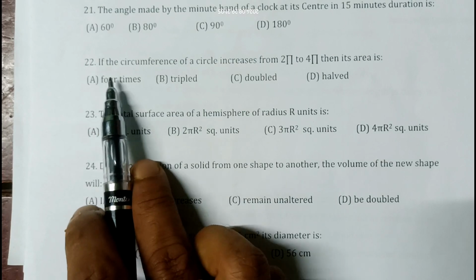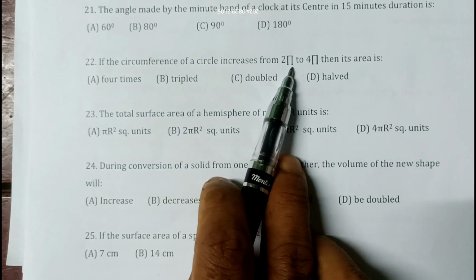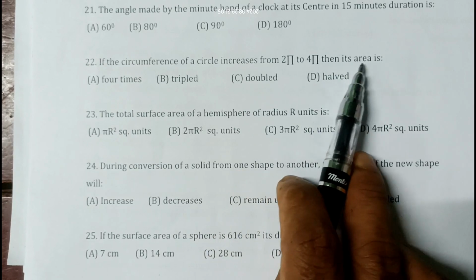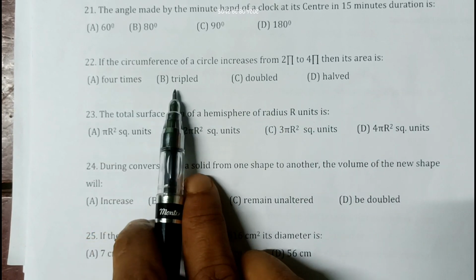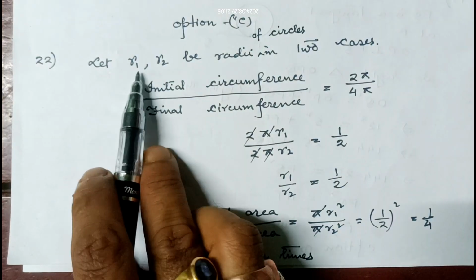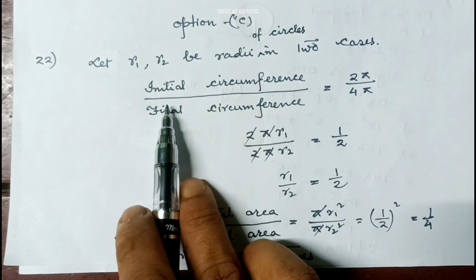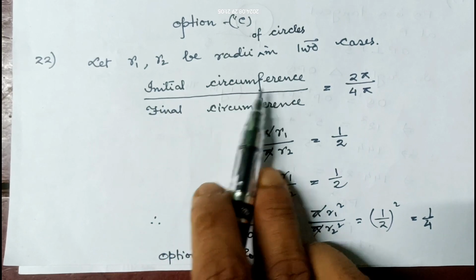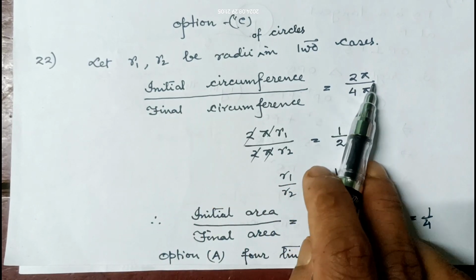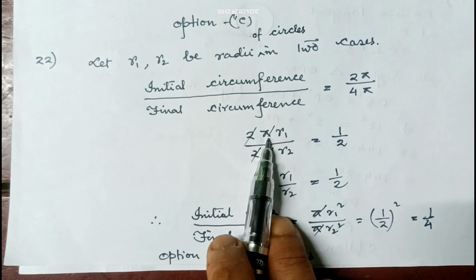Question number 22. If the circumference of a circle increases from 2 pi to 4 pi, then its area is 4 times, tripled, doubled or halved. Let me show the steps. Let R1 and R2 be the radii of circles in two cases. As given that initial circumference by final circumference is 2 pi by 4 pi, we know the formula of circumference is 2 pi r.